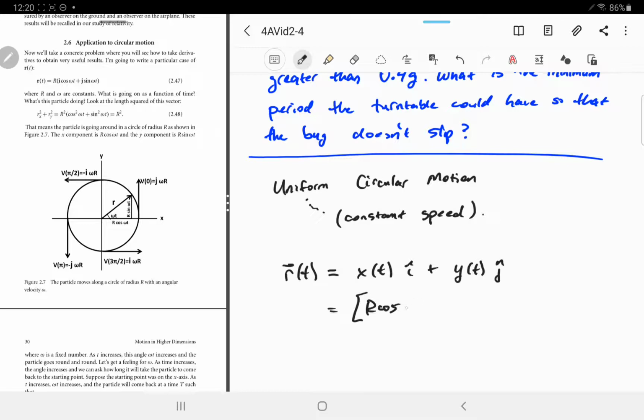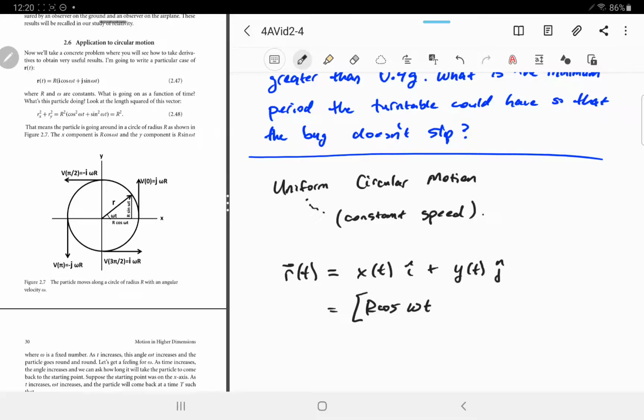Now, I would plug in theta right here, but because an object is moving in a circle, theta is going to change over time, and the simplest case where the angle is going to change over time is that it's proportional to time. So you're gaining an equal amount of angle every second, for example.